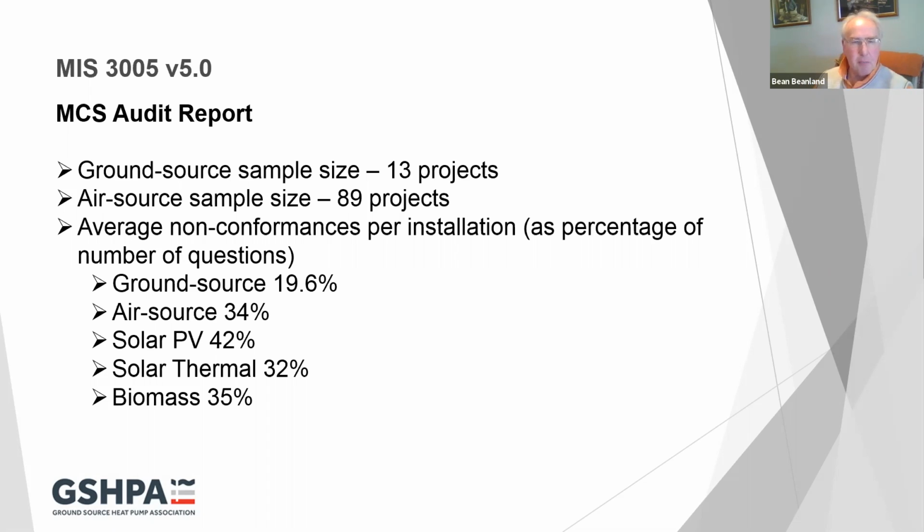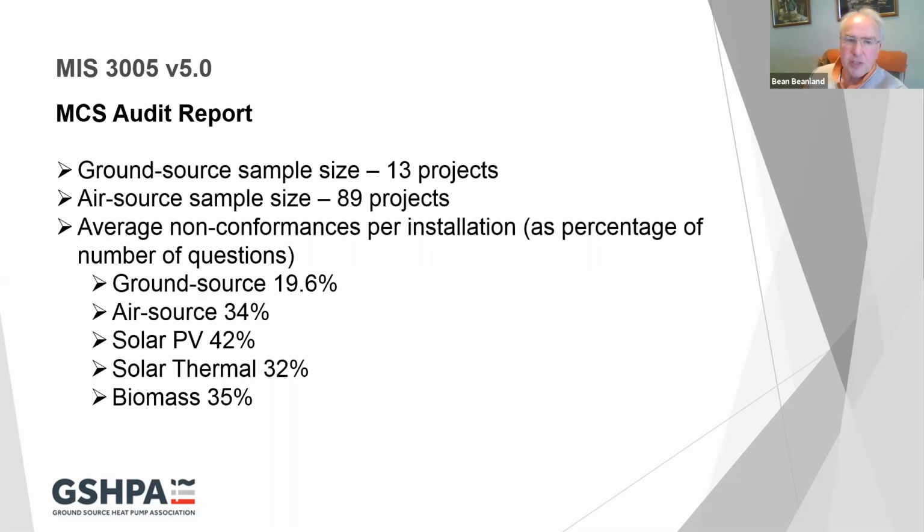Sample sizes were broadly based on the number of technology deployments, and I haven't shown the sample sizes for PV and solar thermal and biomass, but it largely relates to the proportion of products that are installed. So ground source sample size 13 projects, air source 89, and then the average non-conformances per installation as a percentage of the number of questions.